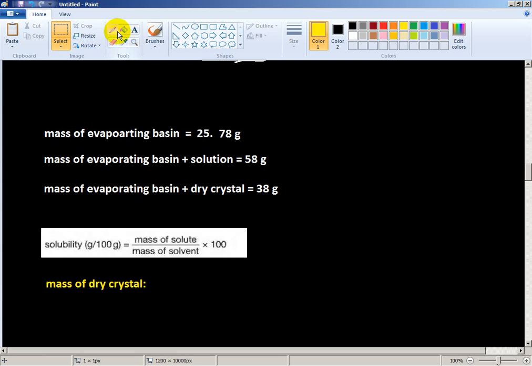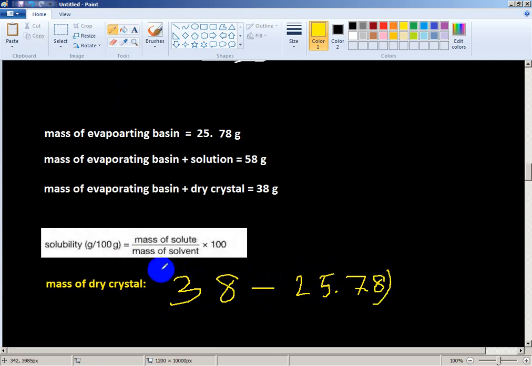So I will deduct 38 gram minus 25.78 gram. So what is the remaining?